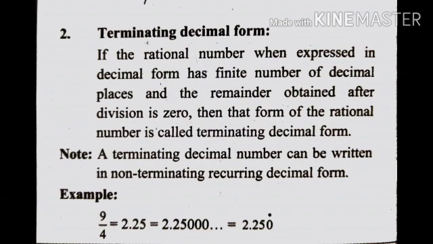When we divide numerator 9 by denominator 4, we will get 2.25 as our answer. That is, our division will end and we will get a remainder 0.